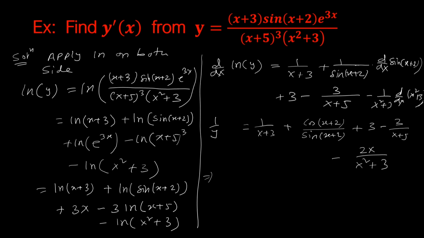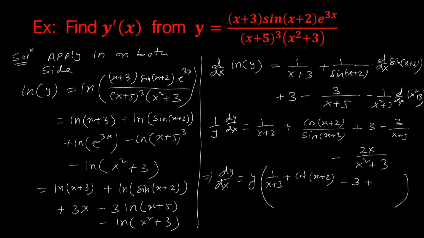So this one is 1 over y dy dx. So this implies dy dx is equal to y times the whole terms: 1 over x plus 3 plus cot x plus 2 plus 3 minus 3 over x plus 5 minus 2x over x square plus 3.